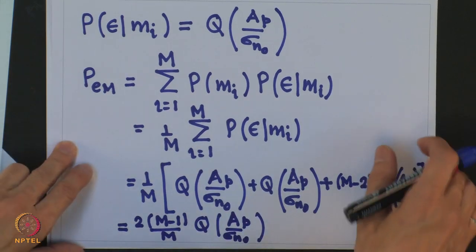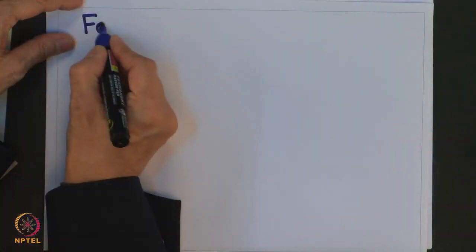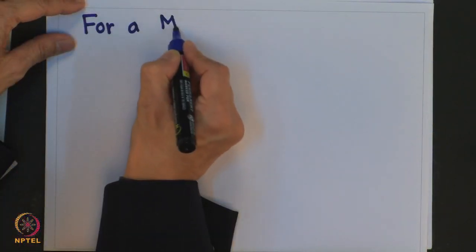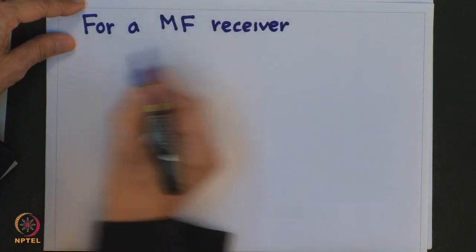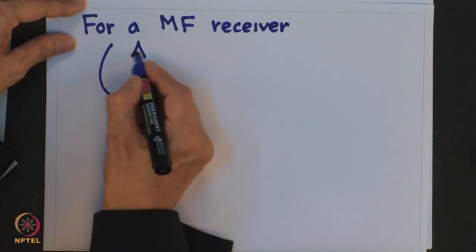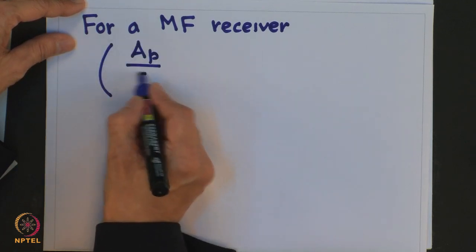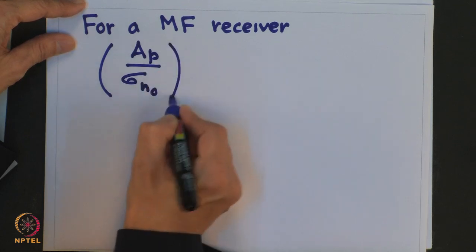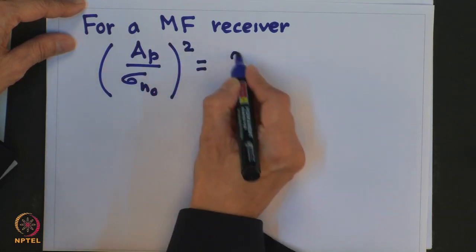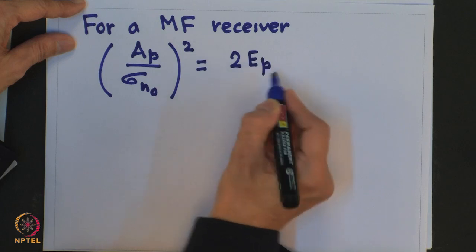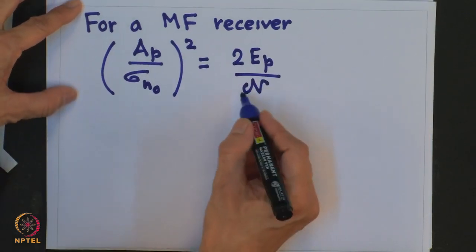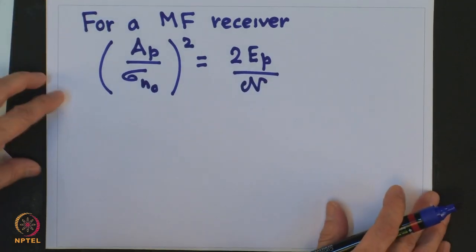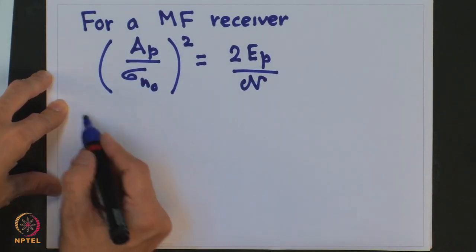Now, let us calculate this quantity. We know for a matched filter receiver, this ratio squared is equal to twice the energy of the pulse divided by N, where N by 2 denotes the power spectral density of the white noise.